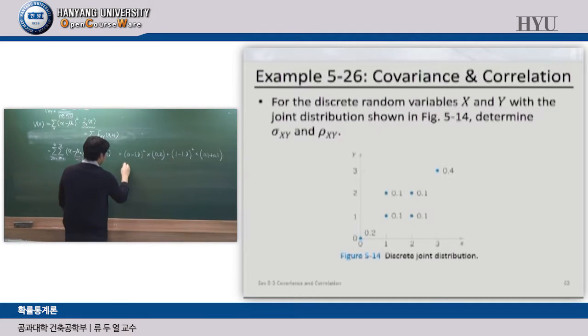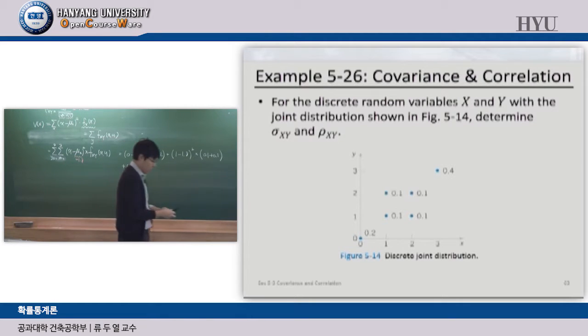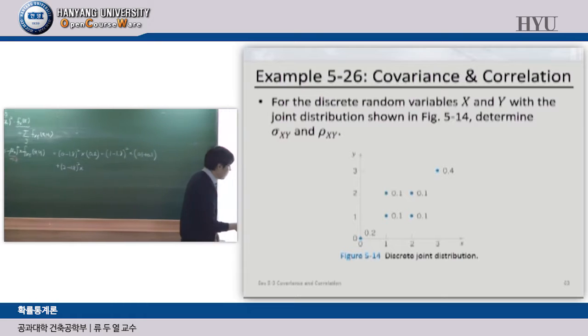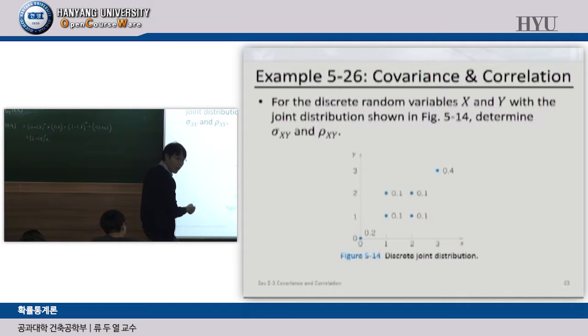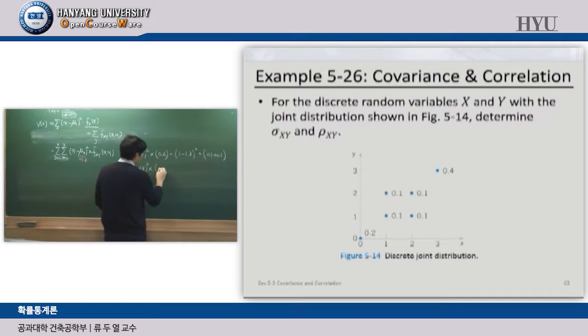And plus, when x is equal to 2, 2 minus 1.8 squared by, we also have two different joint probability mass functions here, 0.1 and 0.1 according to the y. So this is also 0.1 plus 0.1. Okay?